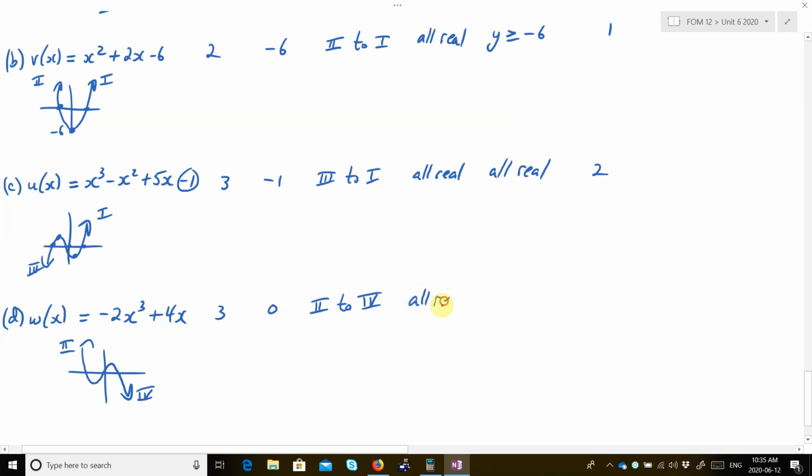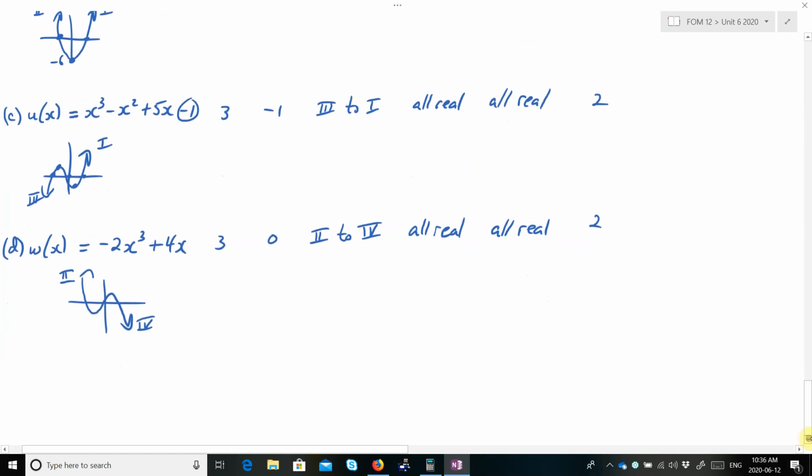Domain is all real. Range is all real. And possible number of turning points is 2. Okay, let's check some answers for number 7 here. Okay, looking good.